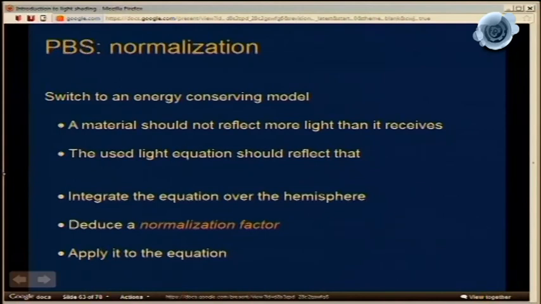The solution would be to have a real equation, but you can just fix your ad hoc model by integrating over the hemisphere and making sure that the result you get is not higher than 1. If it is, you get a normalization factor that you apply to your equation. That way you're sure that your lighting equation is not going to reflect more light than it received.